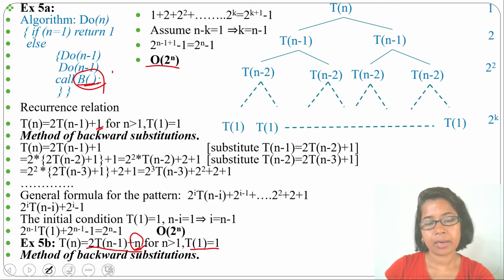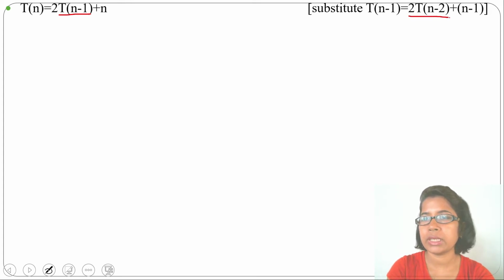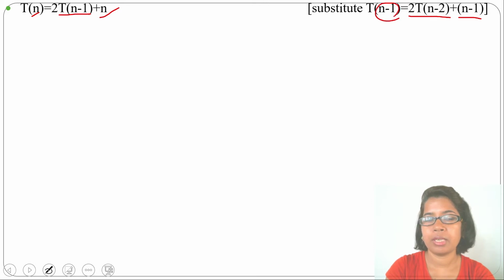Let's apply backward substitution for finding the order of growth. Now in place of this T of n minus 1, we can substitute 2T n minus 2 plus n minus 1. When it was n, here we are writing n. So when it will be n minus 1, in place of n we are writing n minus 1, here also we will write n minus 1.